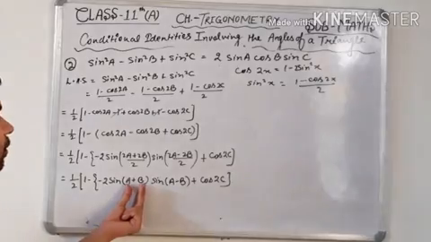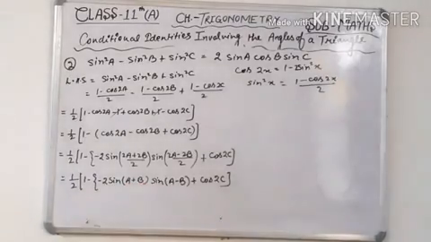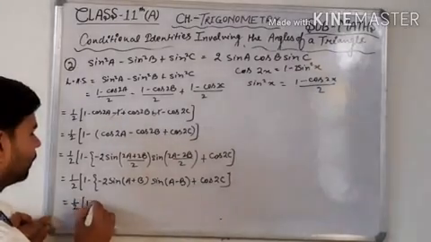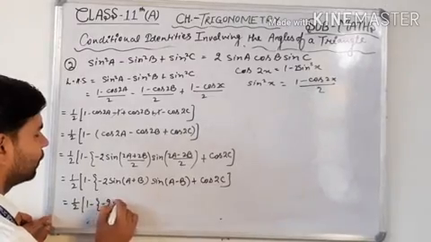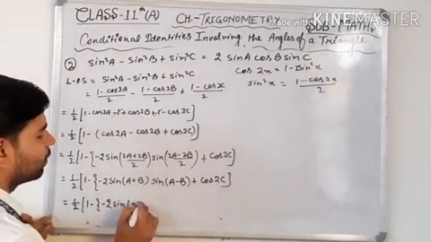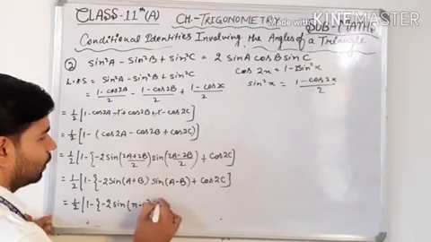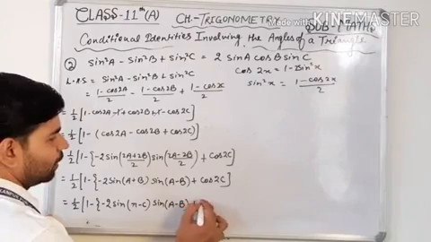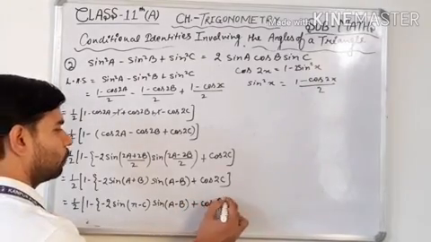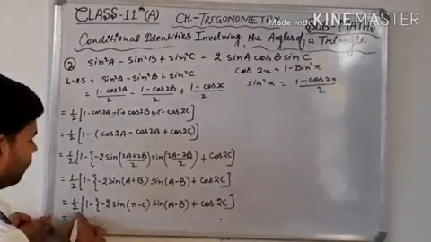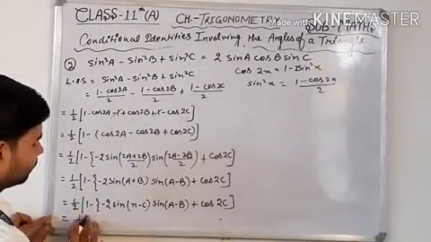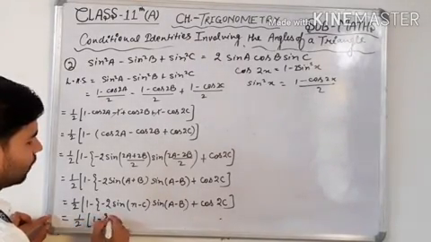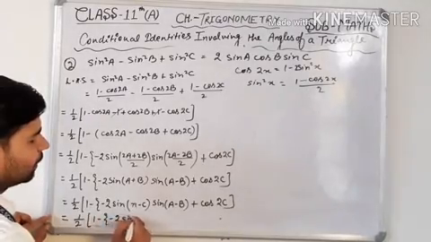Now transform this a plus b into c. 1 by 2, 1 minus 2 sin (pi minus c) sin (a minus b) plus cos 2c equals 1 by 2, 1 minus 2 sin c.